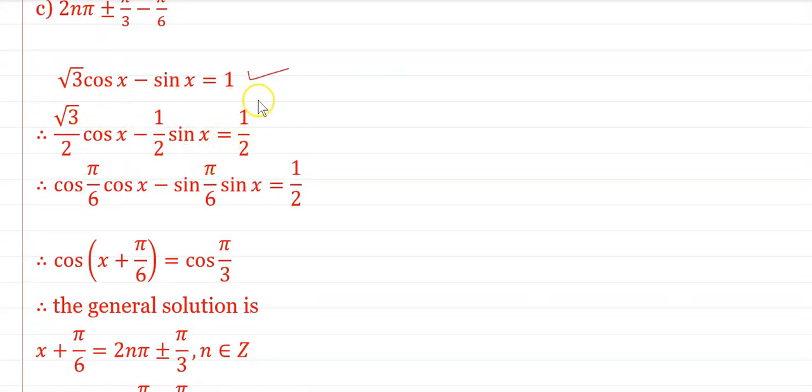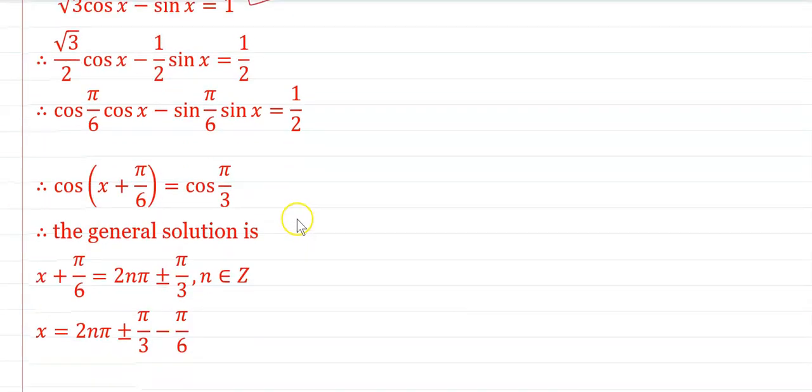Divide this equation by 2, then you will get root 3 upon 2 cos x minus 1 by 2 sin x is equal to 1 upon 2. Root 3 by 2 means what? Cos of pi by 6. 1 upon 2 means what? Sin of pi by 6 into sin x is equal to 1 upon 2. Okay. And now this is the expansion of cos of a plus b. Means what? Cos of x plus pi by 6. And here the cos of pi by 3.